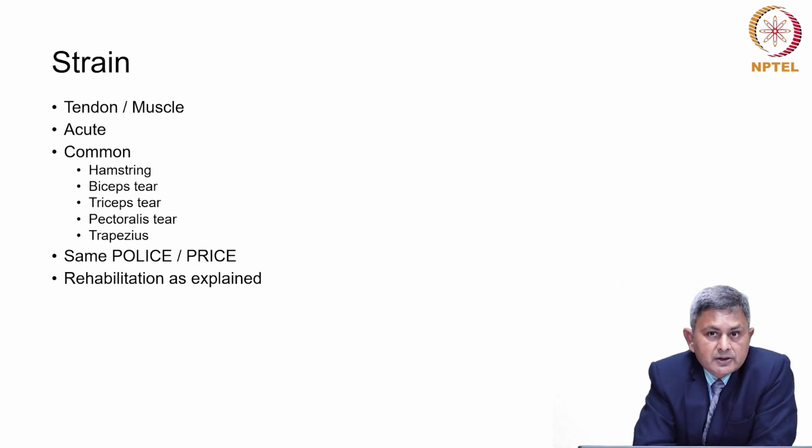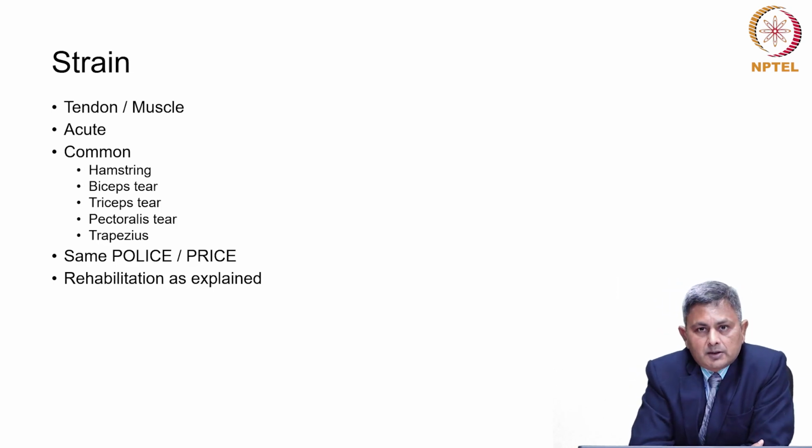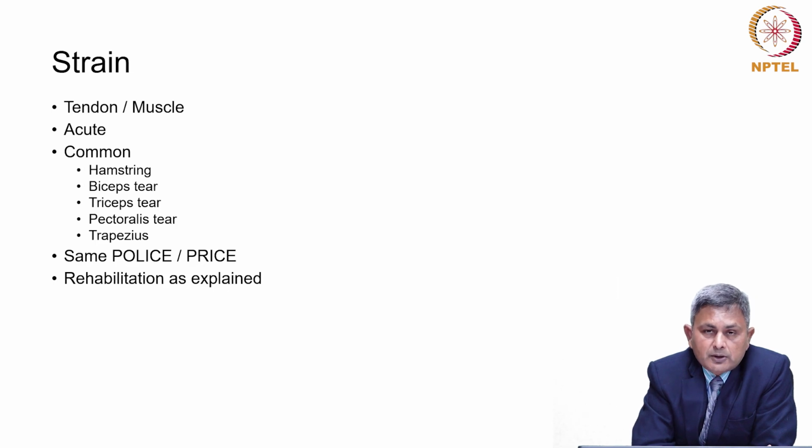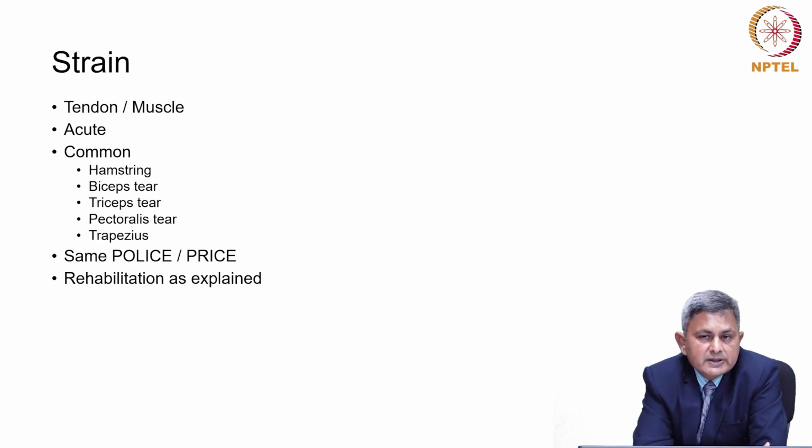Triceps tear, pectoralis tear, when doing excessive weight, sometimes doing bench press with excessive weight and the body is not properly fit, sometimes the pectoralis tendon gets ruptured, and there is complete blackening of the chest. And trapezius tear, though it's a sprain, that is grade 1 or grade 2, then small fibers got injured, or a small spasm is there.